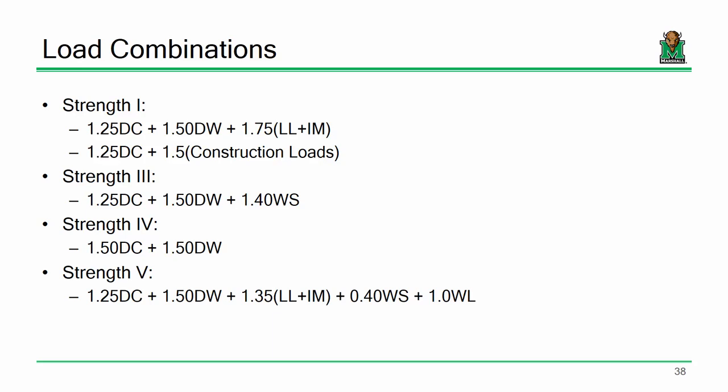The reason why, I guess, six of one, half a dozen of the other, if you look at your phi values, phi is 1. They bumped up the load factors, I guess, so that the resistance factors didn't have to incorporate them. I don't know, I guess that took the stink off of folks doing design that didn't like LRFD very much.